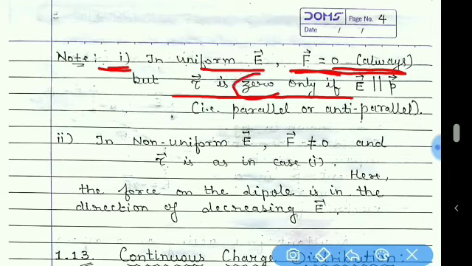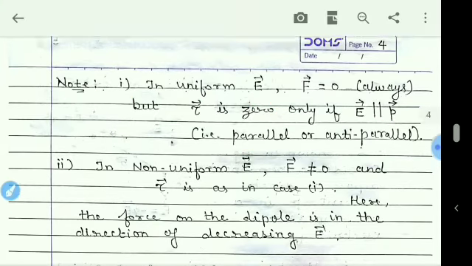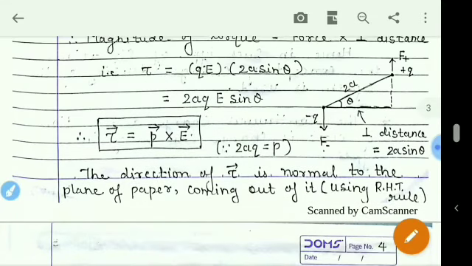Torque can be zero only if the electric field and the dipole moment are parallel to each other. If they are parallel, then we know that theta is equal to 0, and if theta is 0, then sine 0 is also equal to 0.